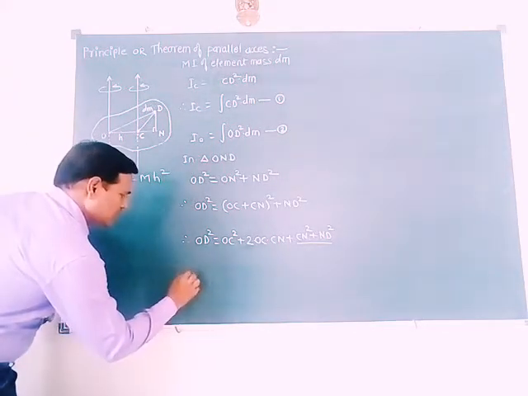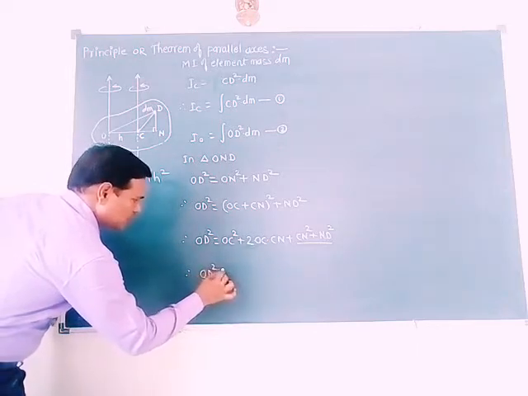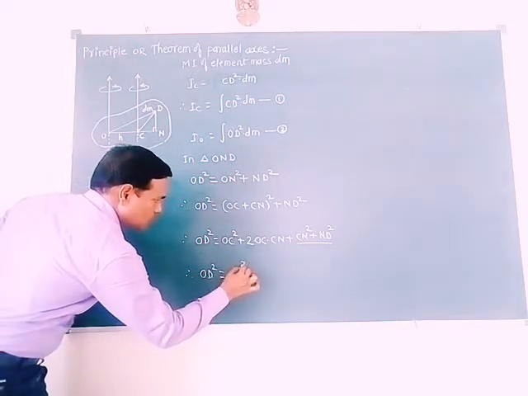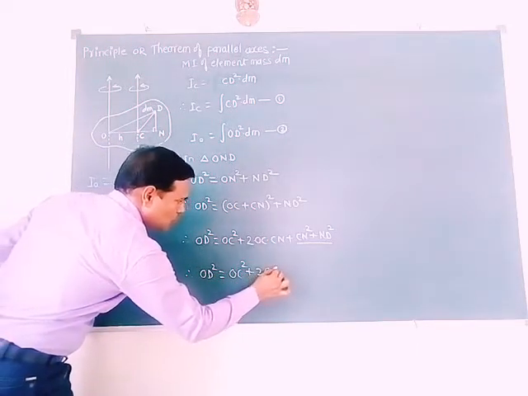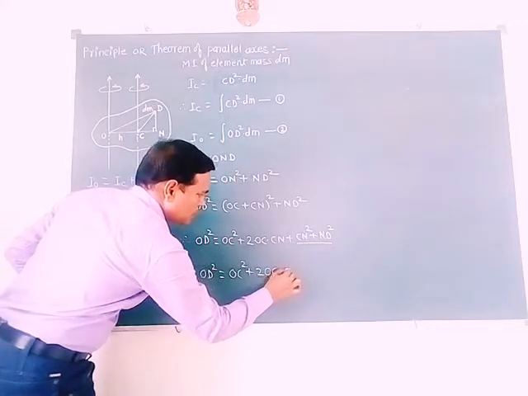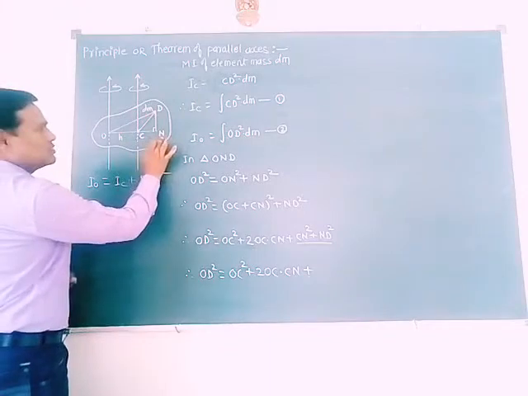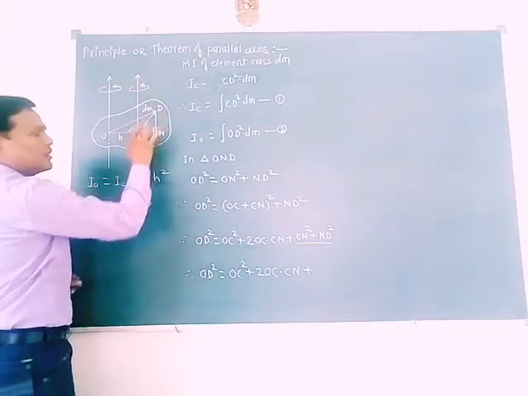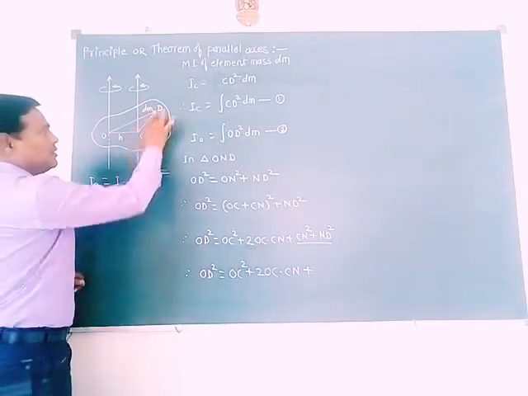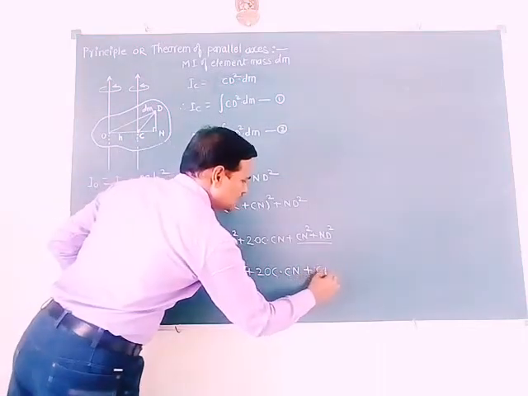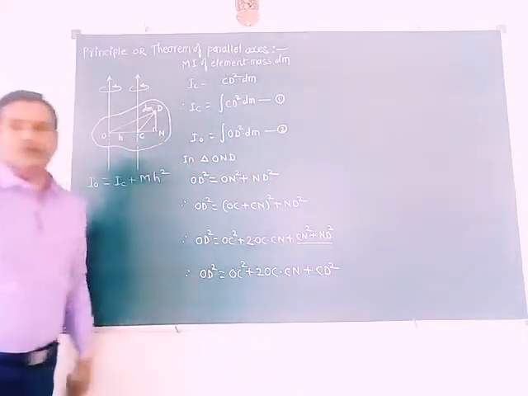So finally OD square equals OC square plus 2 OC into CN plus CD square.